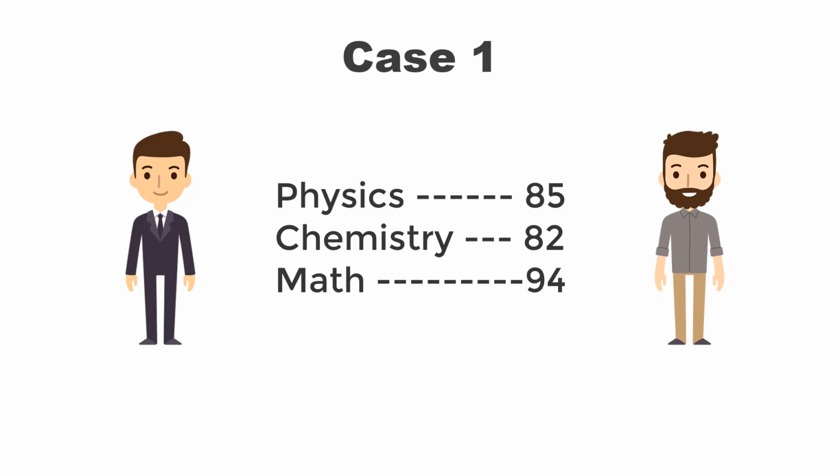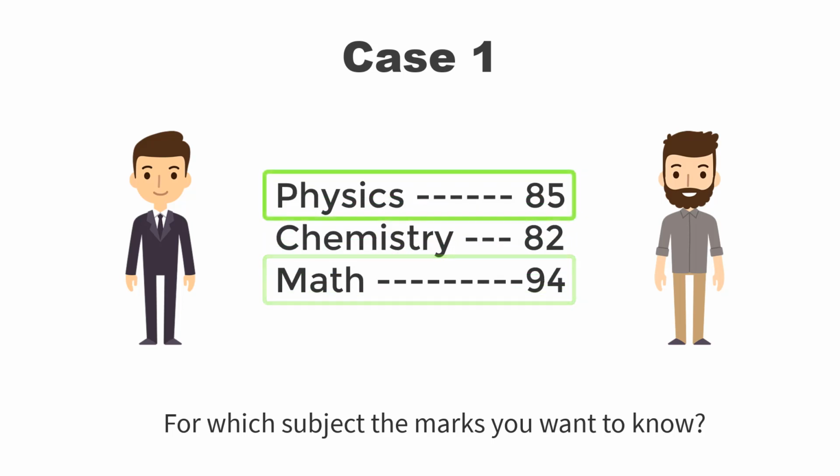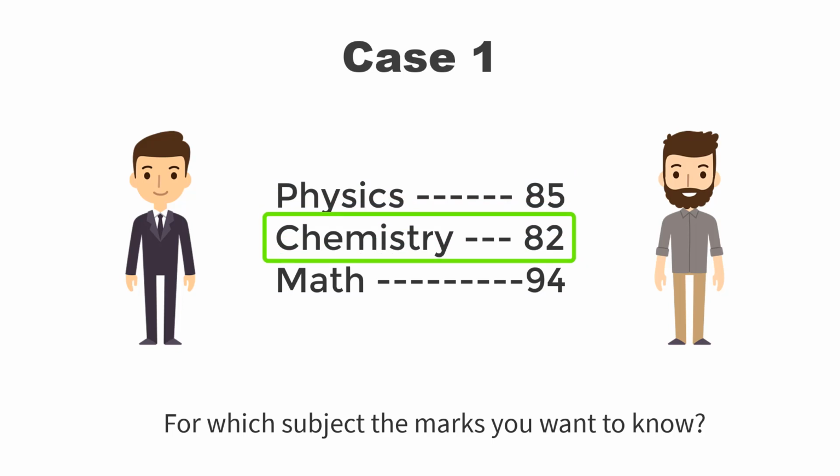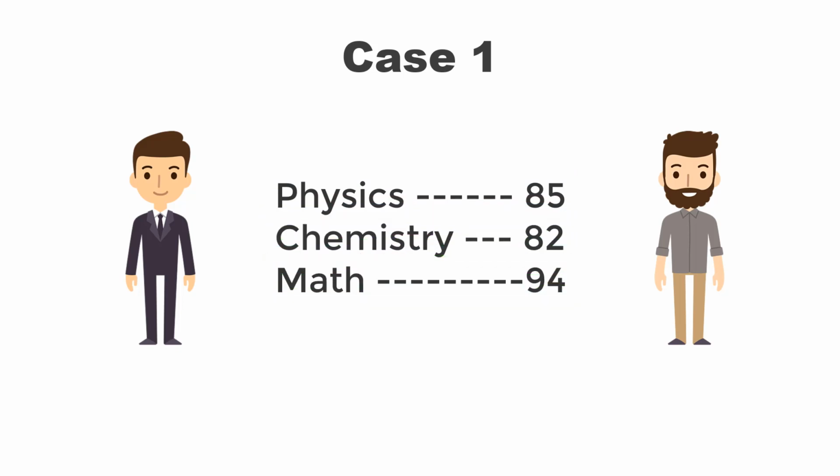For this, I have to ask you one question. For which subject do you want to know the result? If you answer me the question, then I can tell you the marks that you have obtained in that particular subject. So basically, this is a 1D scenario.